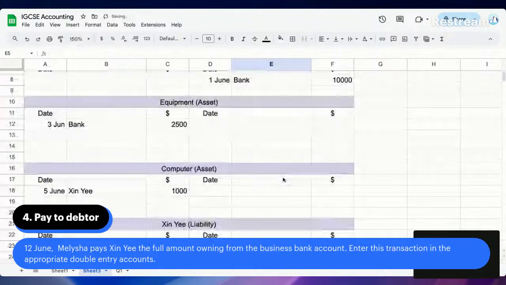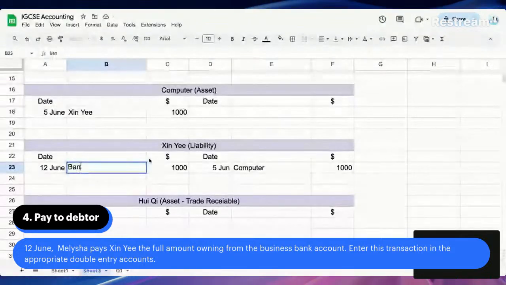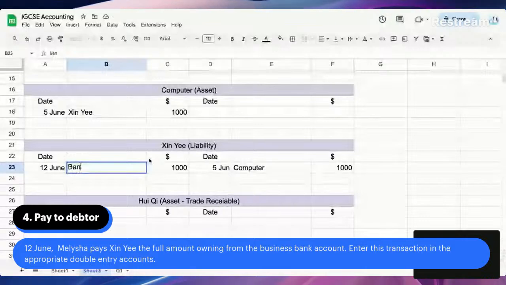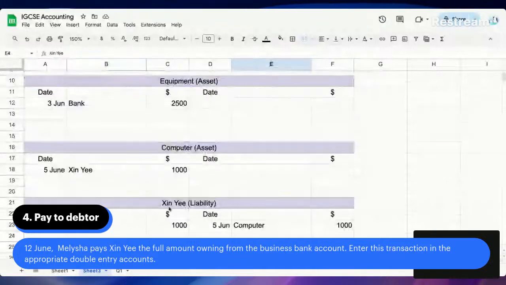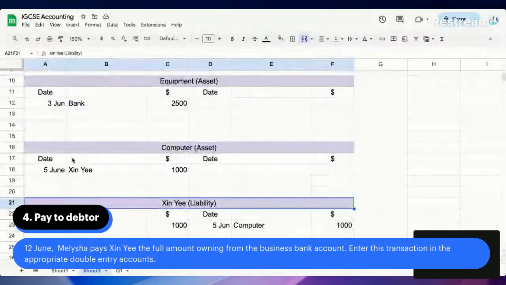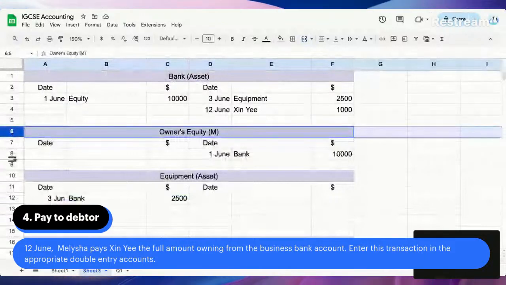Okay. All right. And then for Cindy, over here, what do you need to write? Bank, because this one equals here, and this one equals this one. Right. Let me move the things up so that you can have a clearer picture.